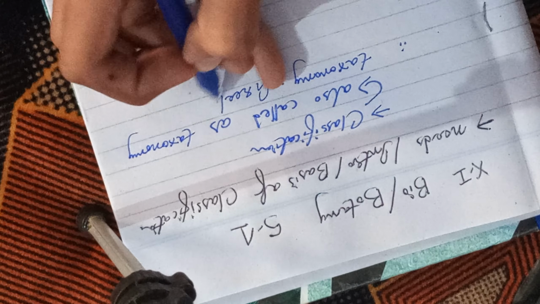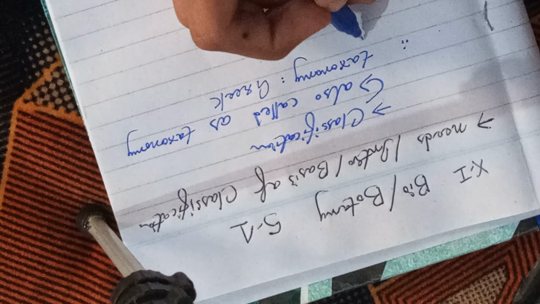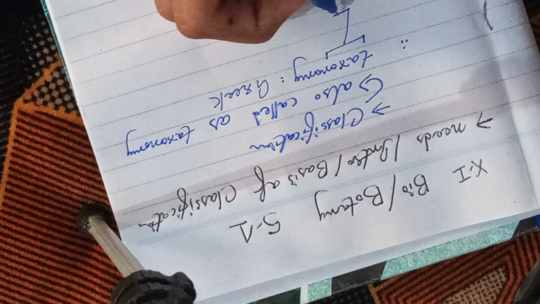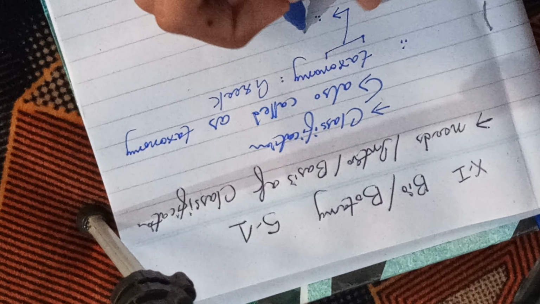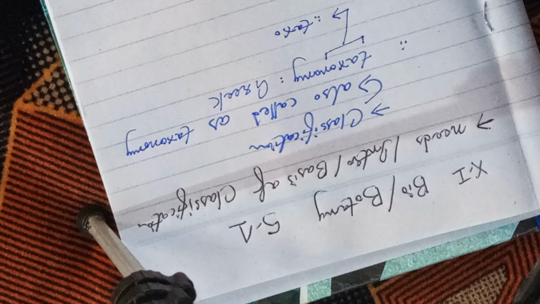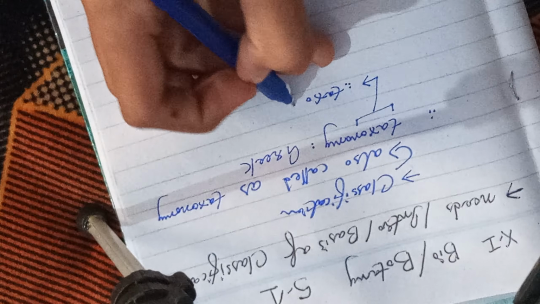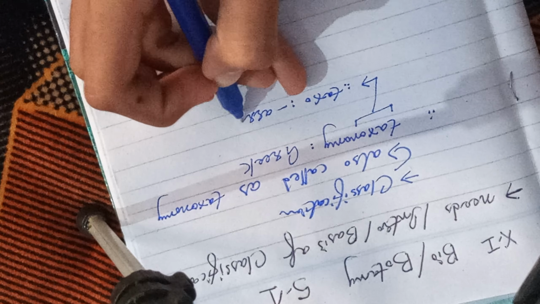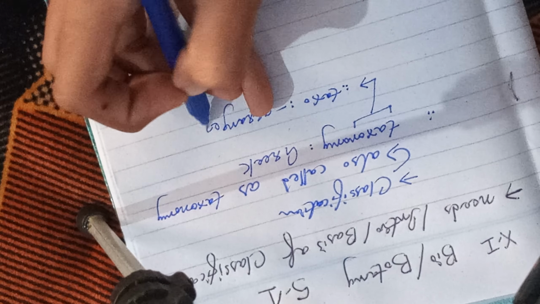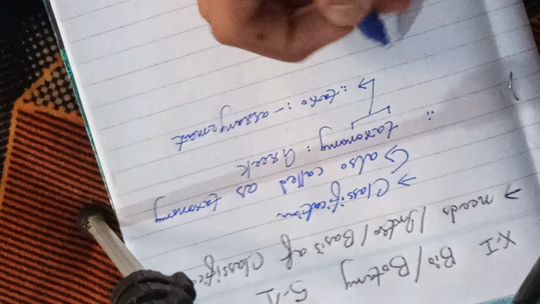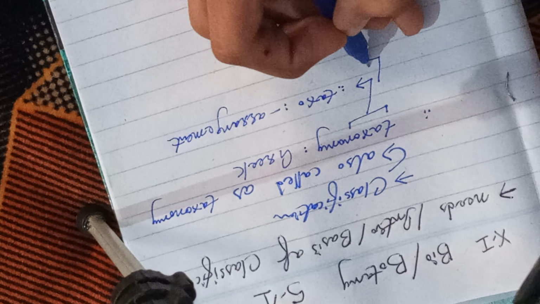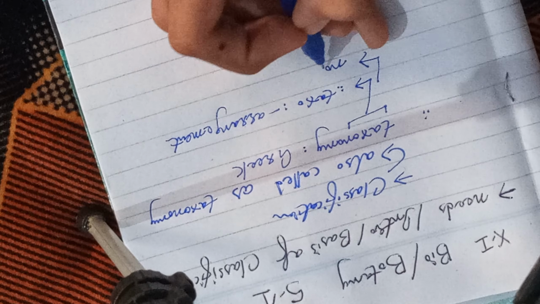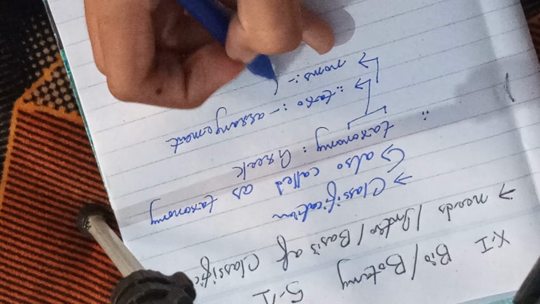It is a Greek word, in which taxo means arrangement, while nomos means laws.